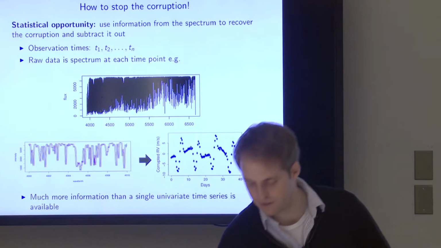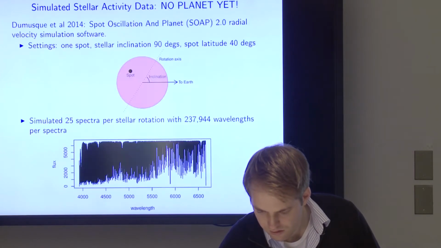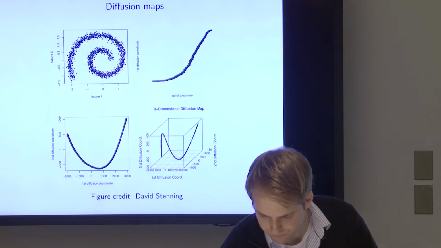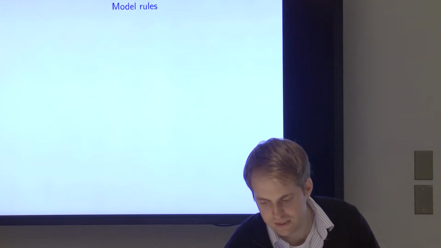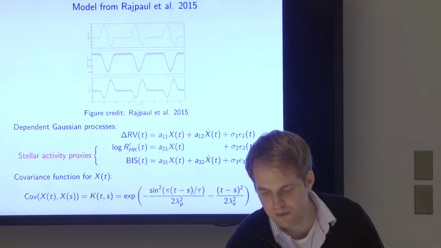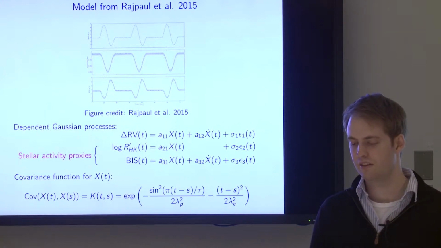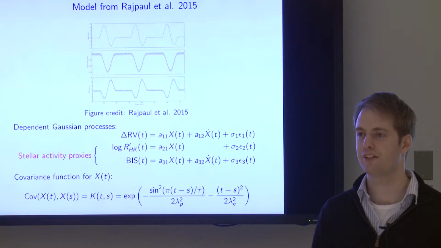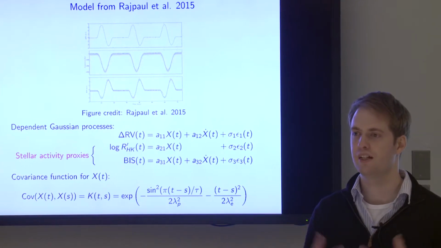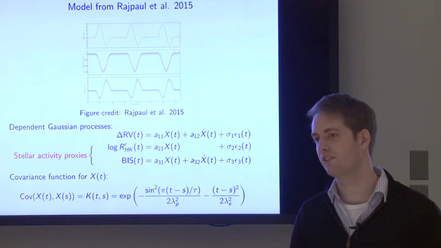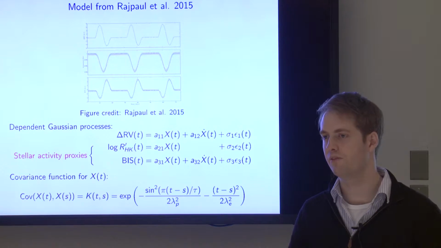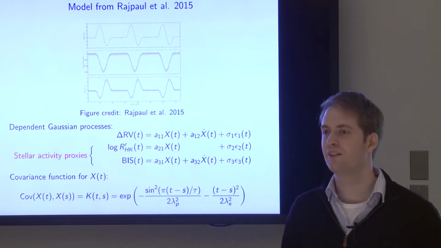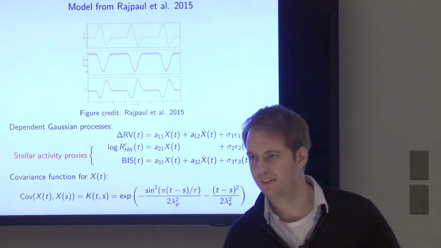So if you were to just look at the spectrum, it's very difficult to say what's happening with it. That's why we've done some kind of dimension reduction like PCA, and then just got some time series out instead of looking at the entire spectrum, which would be difficult.